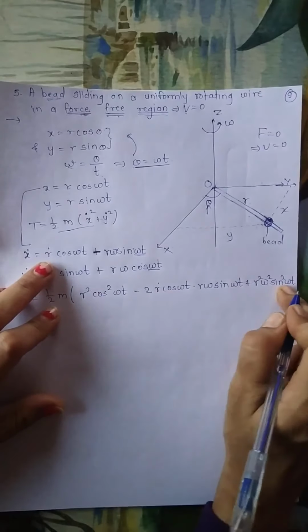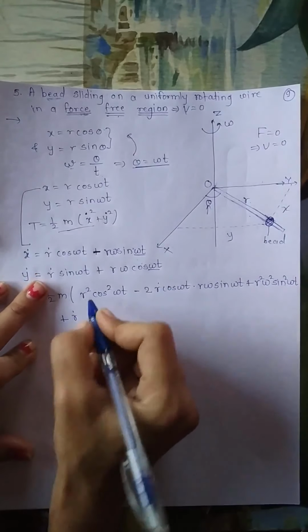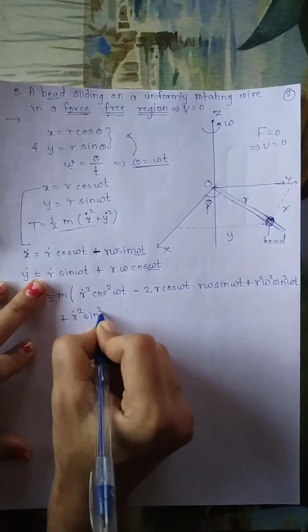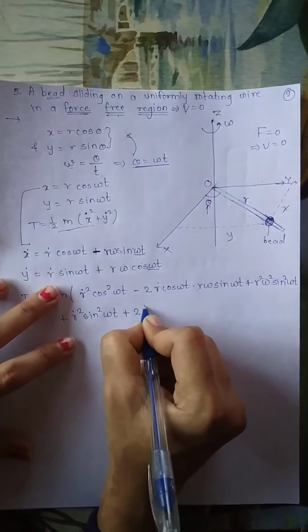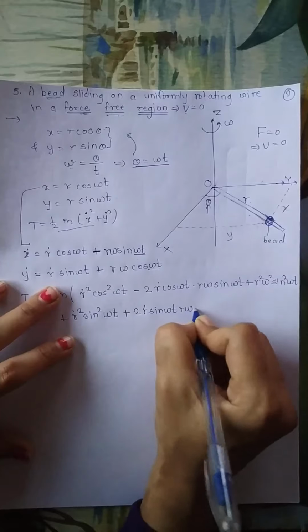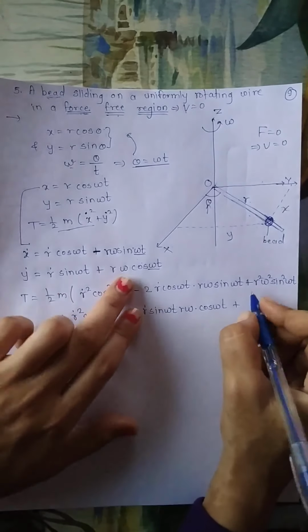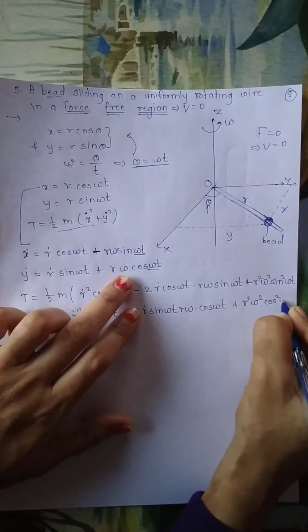And y dot square will be r dot square sin square omega t plus 2 r dot sin omega t r omega cos omega t plus r square omega square cos square omega t.